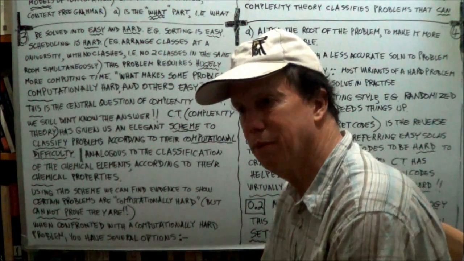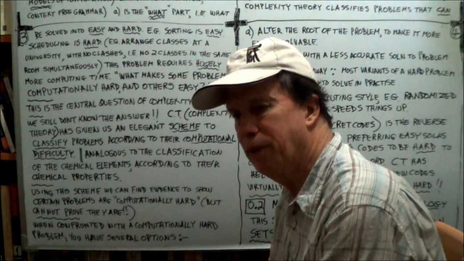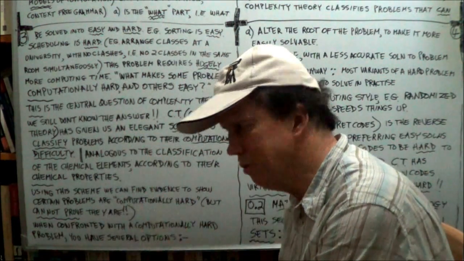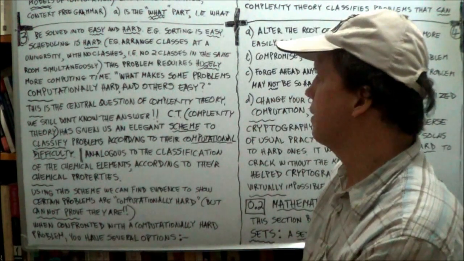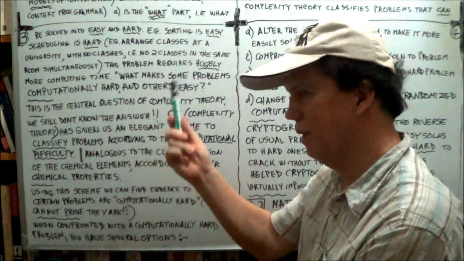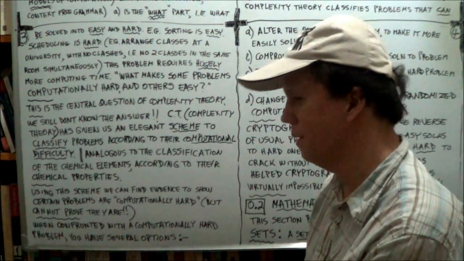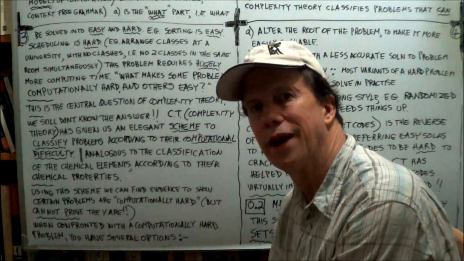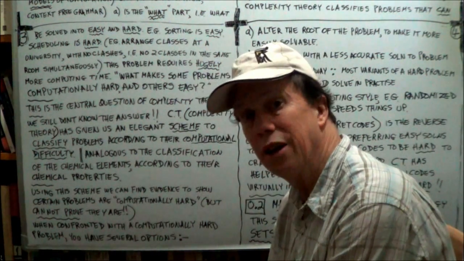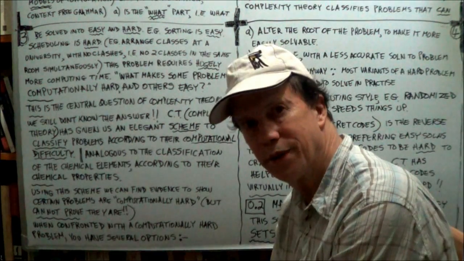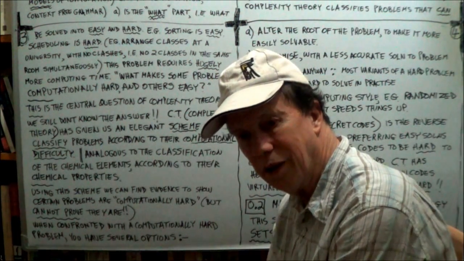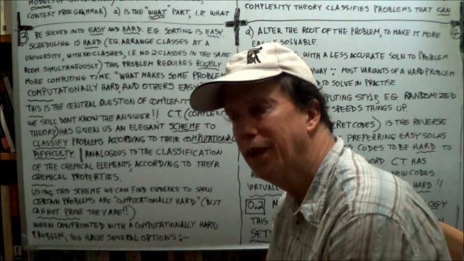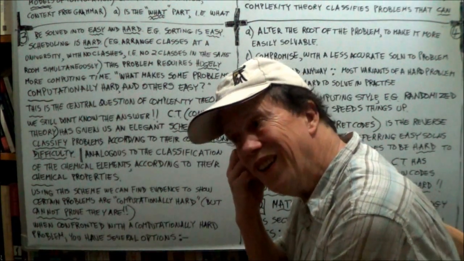Some are easy, the so-called P, polynomial time. Don't worry about what that is. We'll cover that later. So the text, Sipser, makes the analogy that just as the chemists classified elements, the different kinds of atoms, in the famous periodic table, the main guy behind that was the Russian, Mendeleev. You've probably heard that name if you studied chemistry at high school.